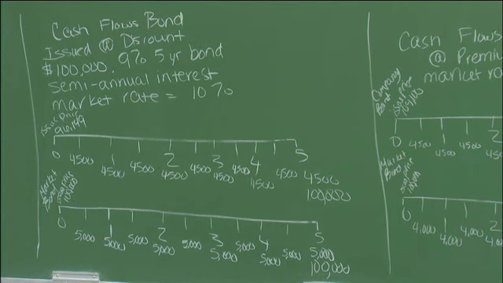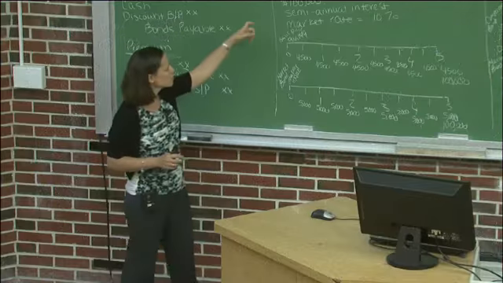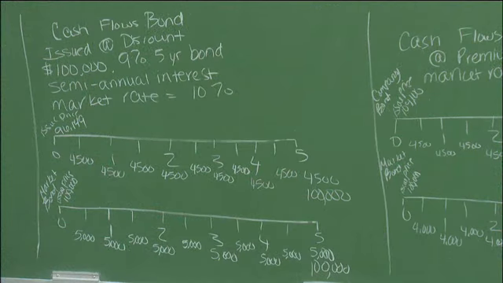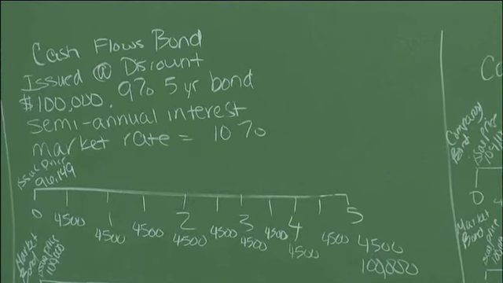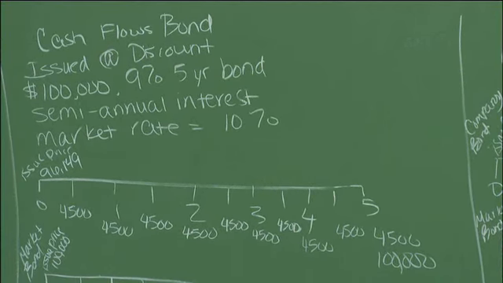So last class we looked at this bond. We had a $100,000 9% 5-year bond where interest was paid semi-annually. Here the market rate of interest is 10%. So we know this bond is issued at a discount. This company's bond pays 9% interest a year. The market, similarly risky bonds, pay 10%.